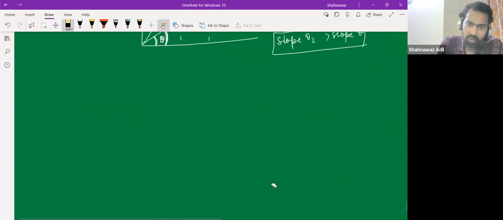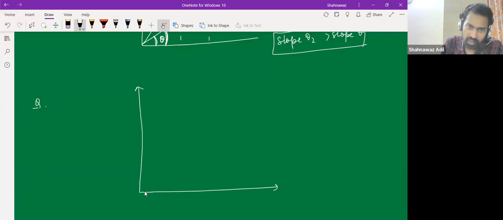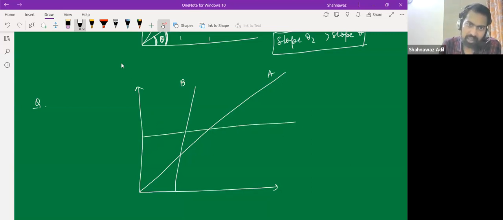Okay, so whenever a graph like this is given, let's say you are given a velocity time graph, and they have given this graph, and let's say this graph, this is A, this is B, and let's say another graph, this one.